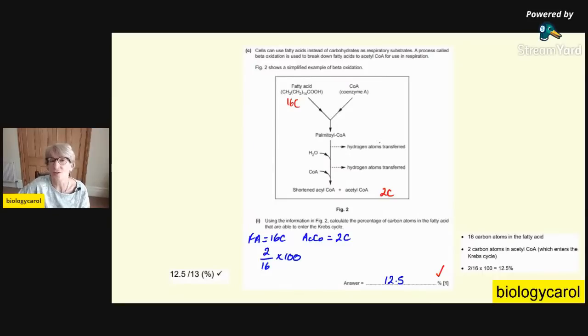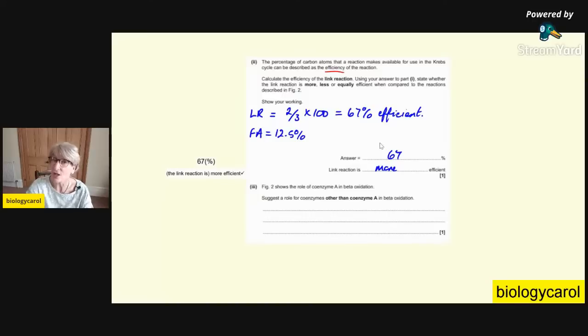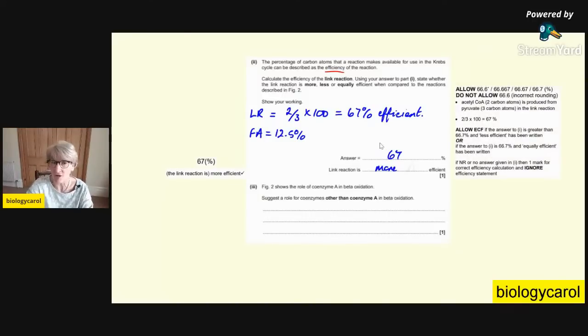And I would hope that that would give you a clue about something that you could write about. Because even though you don't know about coenzymes in the fatty acid oxidation, you do know about coenzymes that carry hydrogen atoms in respiration. And those, of course, are NAD and FAD.